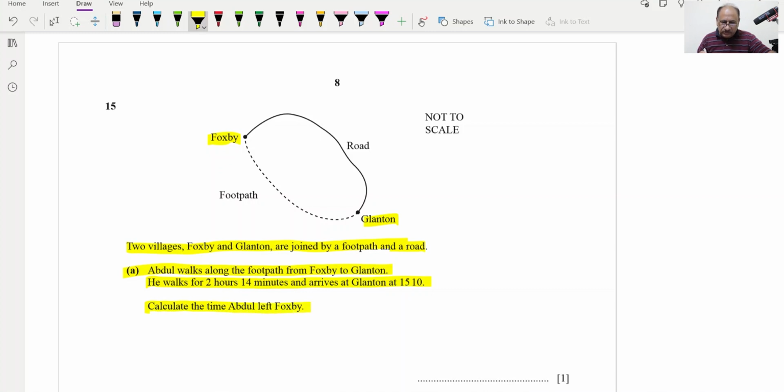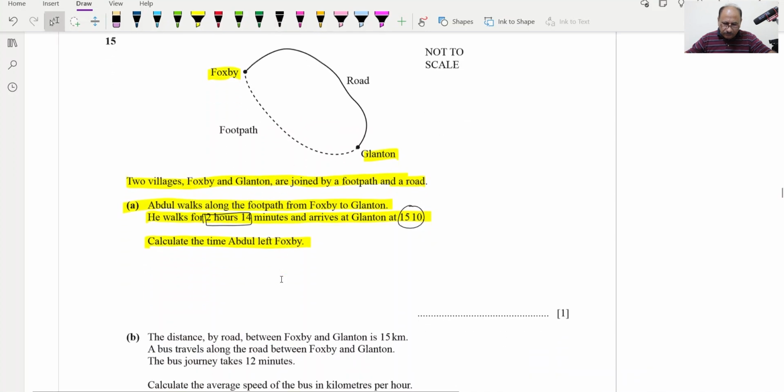Basically, the arrival time is provided, which is 15:10, and the time taken for the journey is also provided, 2 hours 14 minutes, and we'll have to calculate the starting time. So we can subtract. We can take 15, 10. This is hours and this is minutes, and we will be subtracting 2 hours and 14 minutes.